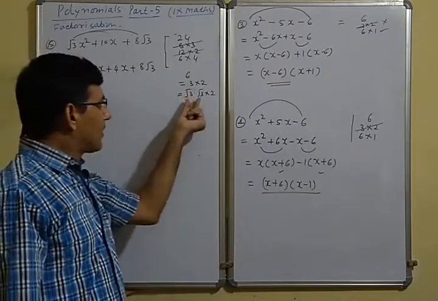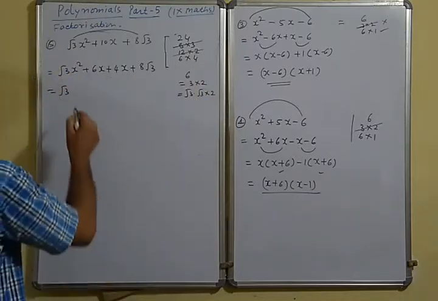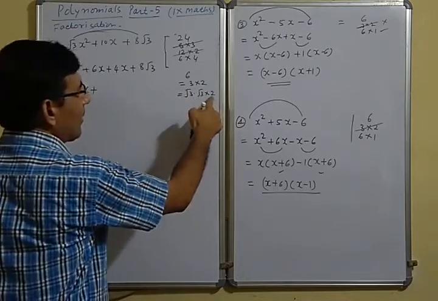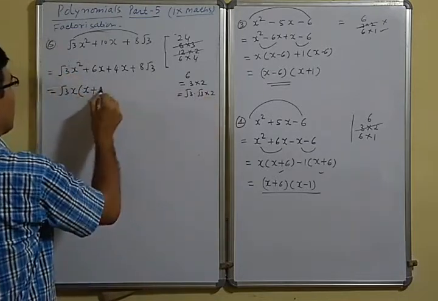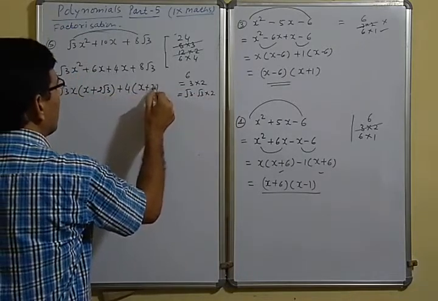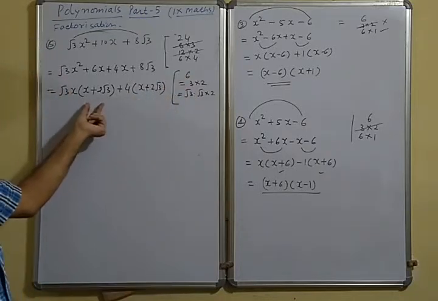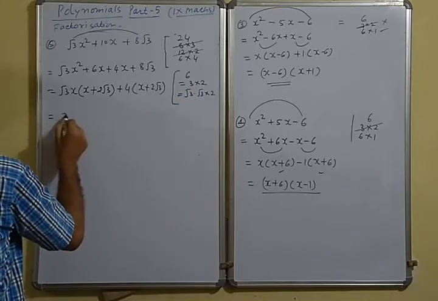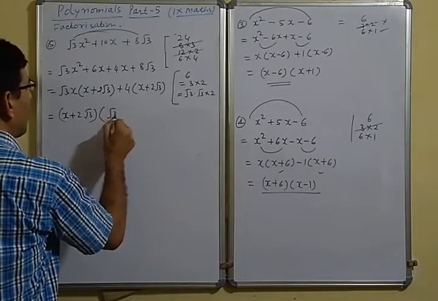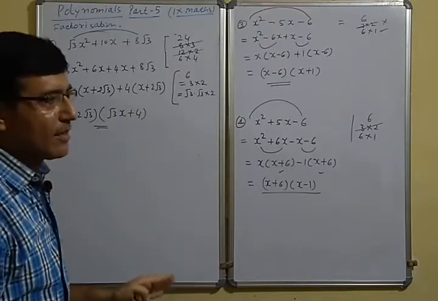So we take root 3x common, and in the bracket you will get x plus root 3 into 2, that is 2 root 3. Then 4 is common, and we get x plus 2 root 3. So x plus 2 root 3 is common in both, and in the other bracket we will get root 3x plus 4. So this is the required solution of this example.